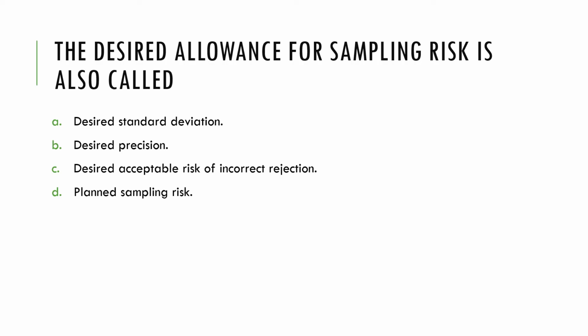We do not consider acceptable risk of incorrect rejection, or the planned sampling risk. The allowance for sampling risk is also called your desired precision, just another terminology to refer to the allowance for sampling risk.